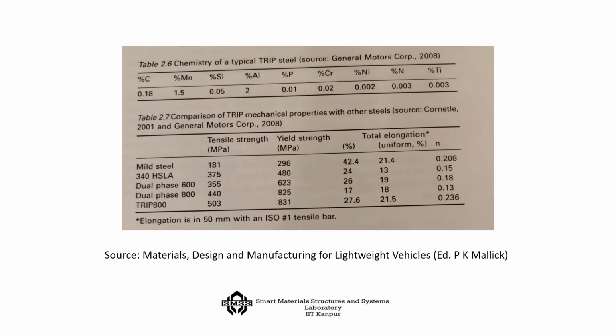Now, this is the typical composition of the TRIP. It has about 0.18% of carbon, then about 1.5% of manganese, 0.05% of silicon, 2% of aluminum, 0.01% of phosphorus, 0.02 of chromium, 0.002 of nickel, 0.003 of nitrogen and 0.003 of titanium.